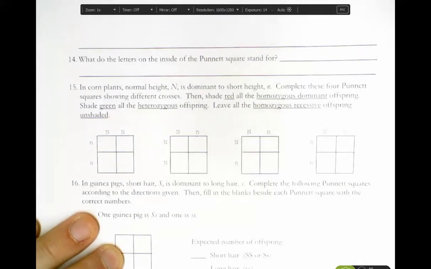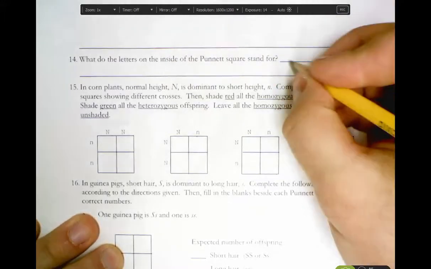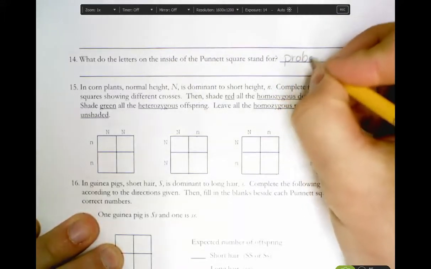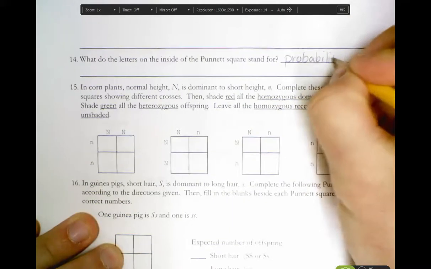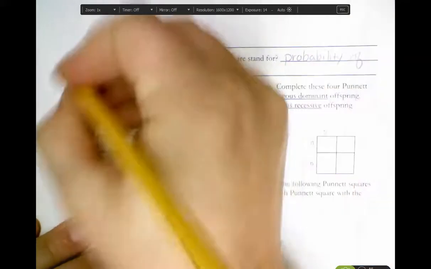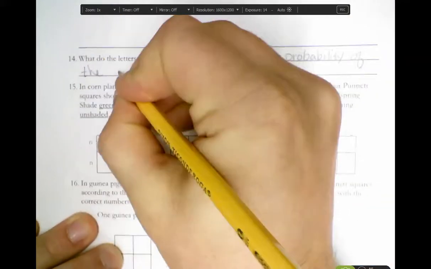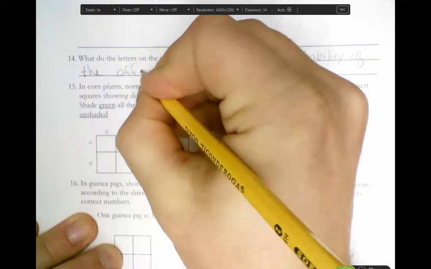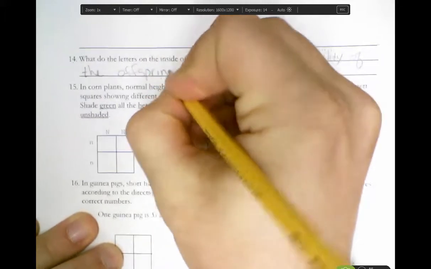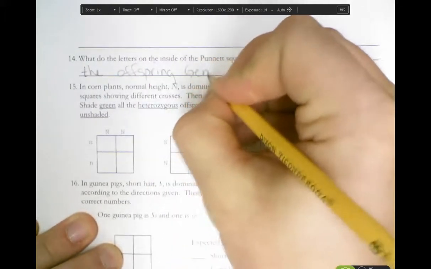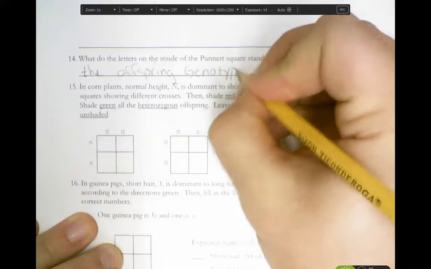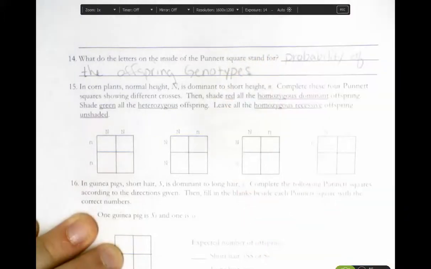Yeah, the probability of the alleles or the genotypes for the offspring. So the probability of the offspring genotypes.